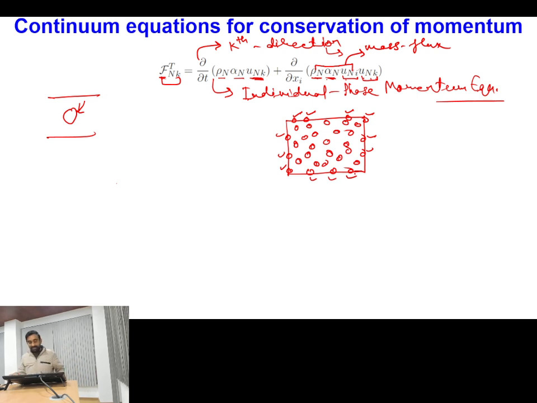So when you write the surface forces at this boundary, particularly because of the viscous stress, in this portion of the boundary there should be forces because of the viscosity of the continuous phase, and in this particular portion there should be forces because of the viscosity of the dispersed phase. This type of segregation will complicate our analysis.